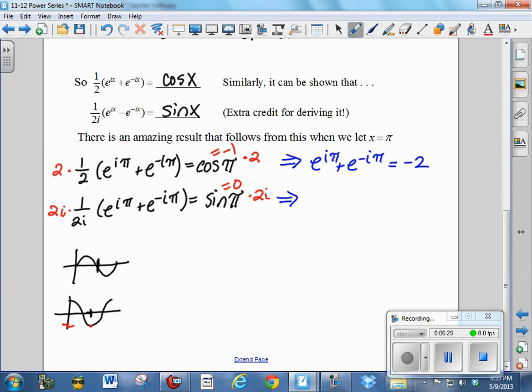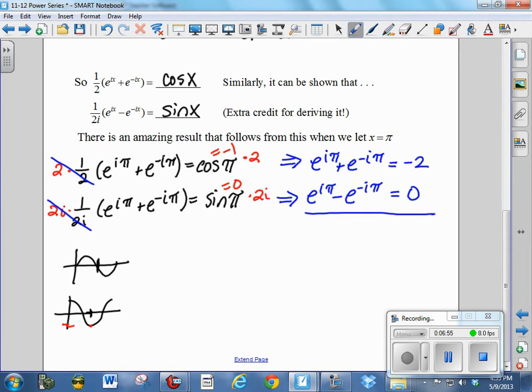Over here, I have e to the i pi minus e to the negative i pi. If I multiply both sides by 2i, the 2i's cancel on the left, and on the right-hand side it's still 0 because 2i times 0 is still 0.